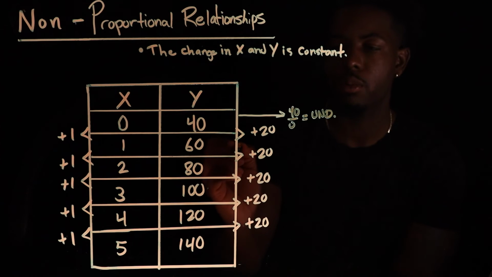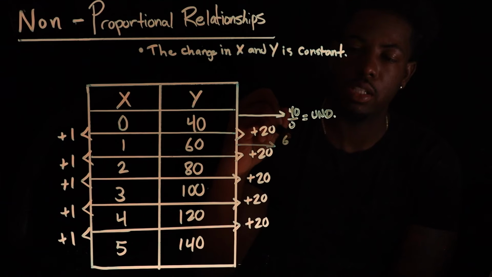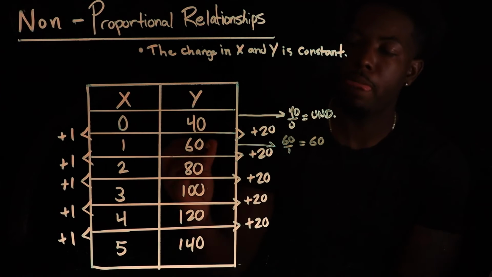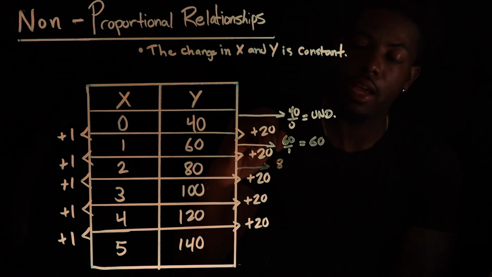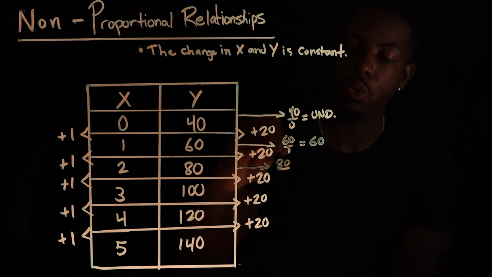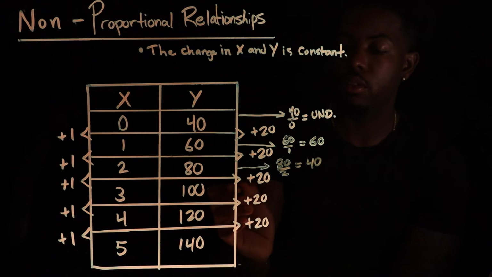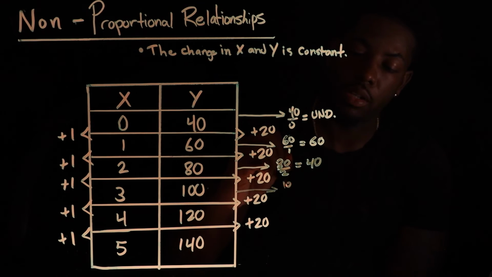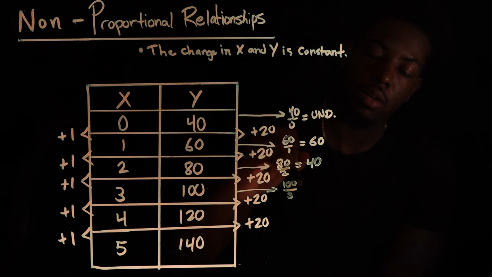Let's keep going down the table. Our y's divided by our x's. This will be 60 divided by 1, which is just 60. Y divided by x: 80 divided by 2, which is 40. Y divided by x: 100 divided by 3, which isn't going to be an even number.